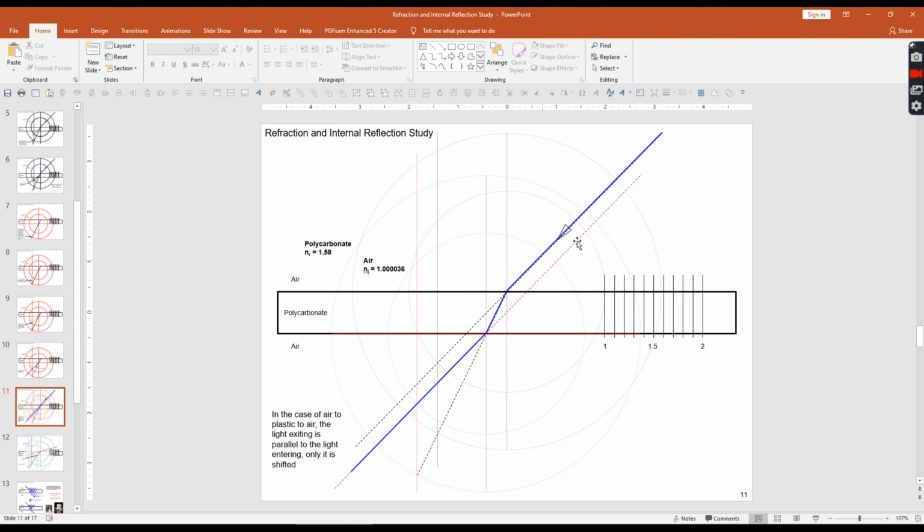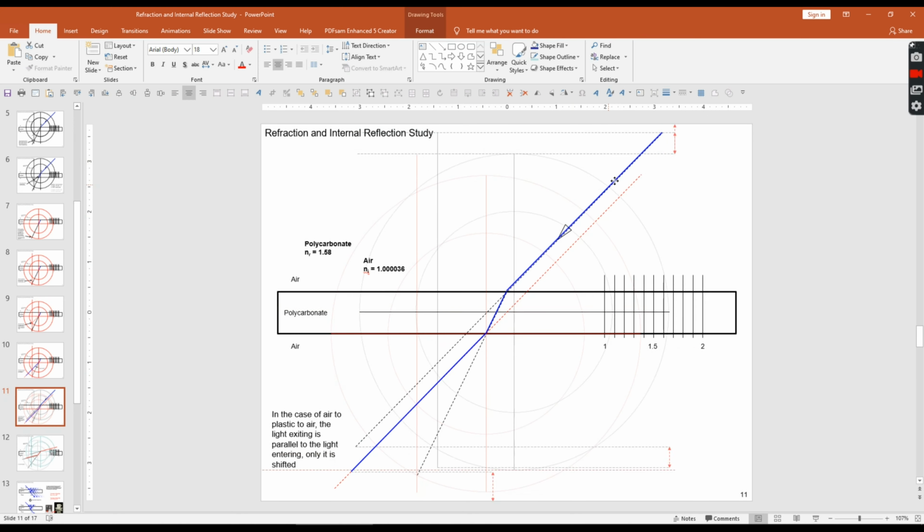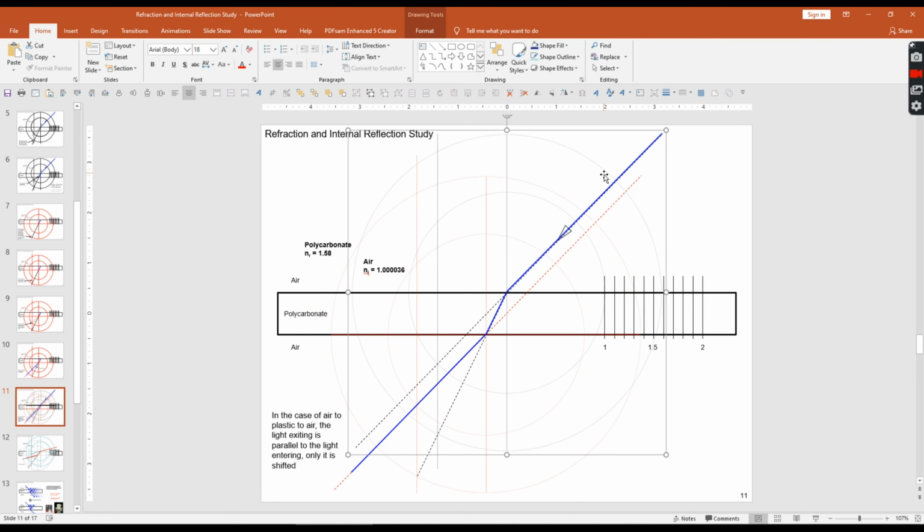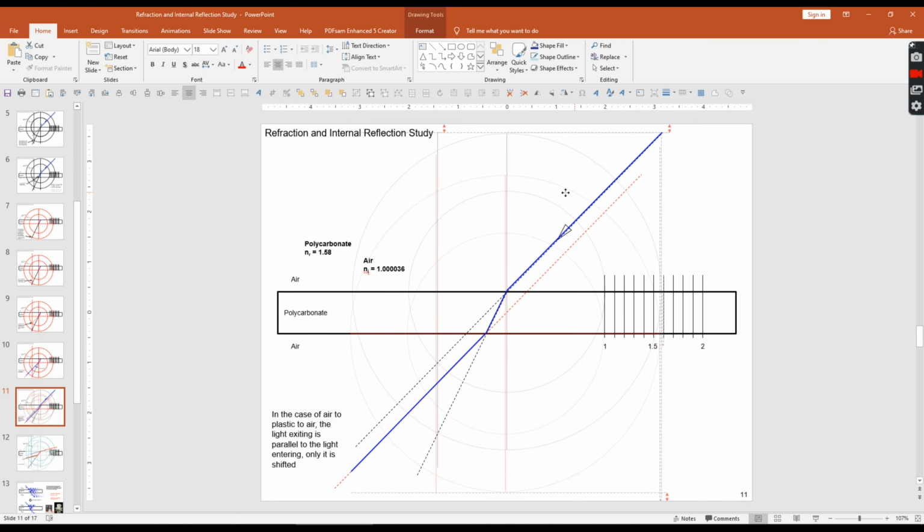Then this slide is summarizing, showing with the gray circles and the red circles the incidence light at this angle, then it will refract at this angle. Then when it exits the polycarbonate, again it will refract because it's a different medium at this angle.